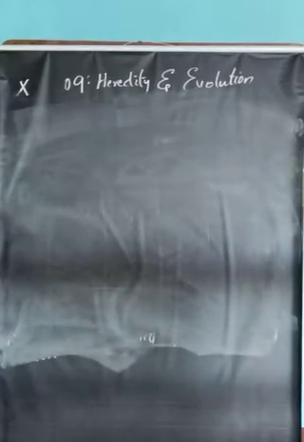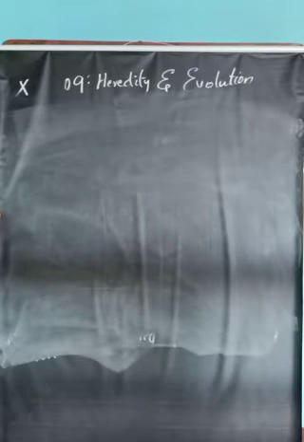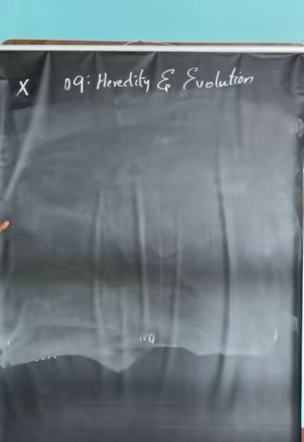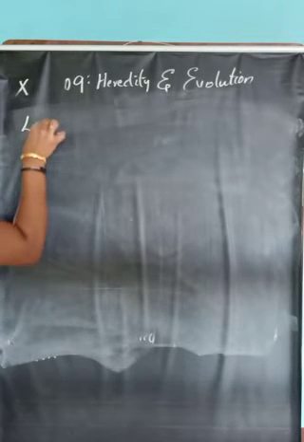The only difference is that in monohybrid inheritance there is only one character we are using at a time, but in dihybrid inheritance we are using two pairs of contrasting characters at a time. Then the law related to dihybrid inheritance is the law of independent assortment.